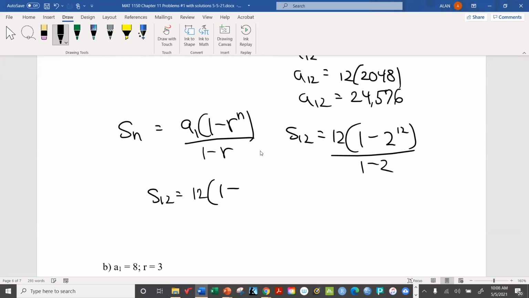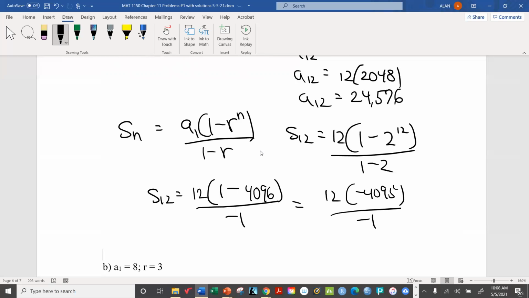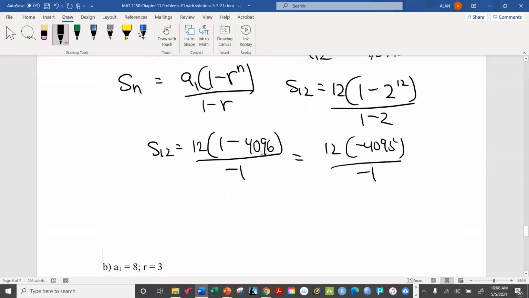Now 2 to the 12th is 4096. That's all divided by -1. The negatives obviously cancel each other out. So when you multiply that out, you should get 49,140. All right, so 4095 times 12 is 49,140. Perfect.